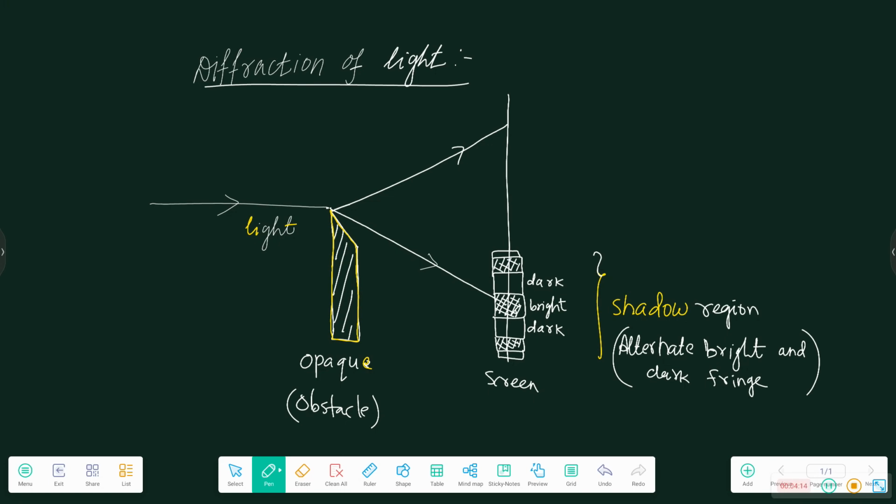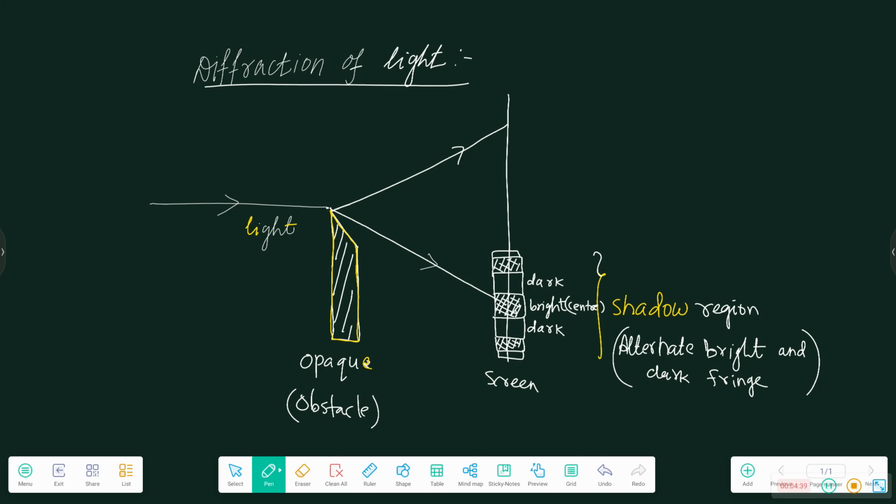Is this clear? Now you see here one bright coming at the center, so bright. Nearby one dark is there, then after that bright is there, like this bright and darks. We need to understand, from the center, at how much distance is this dark, this bright, and this dark?